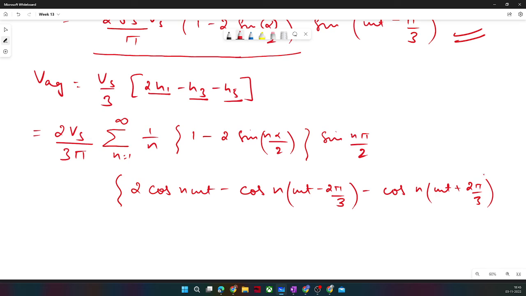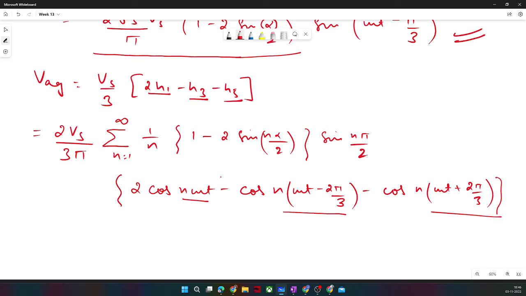Because this phase voltage contains all the switches H1, H3, and H5, you will get all the phase values or all the phase switching functions. So that is reflecting here: n omega t corresponds to H1, n omega t minus 2 pi by 3 corresponds to H3, and n omega t plus 2 pi by 3 corresponds to H5.